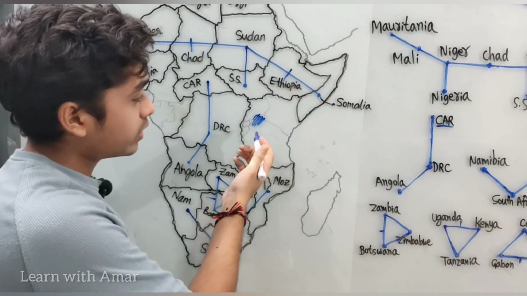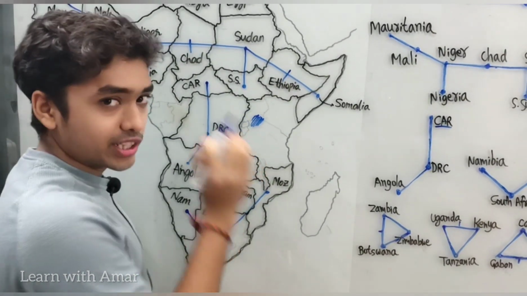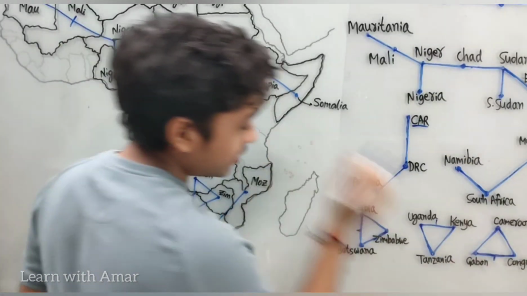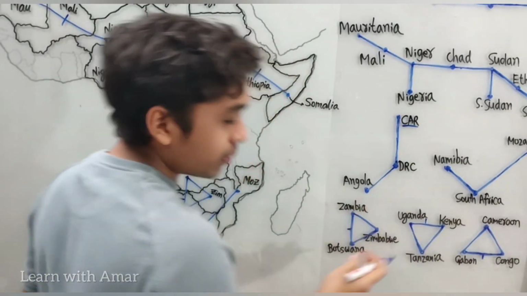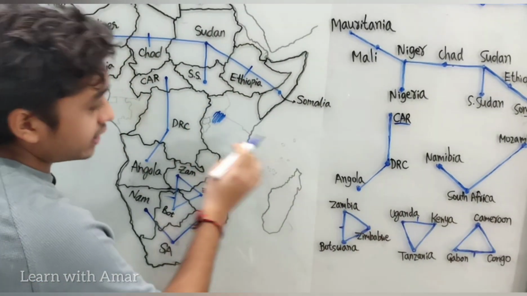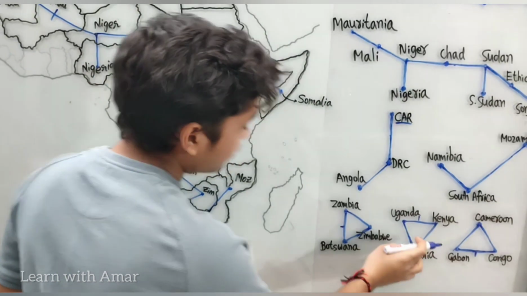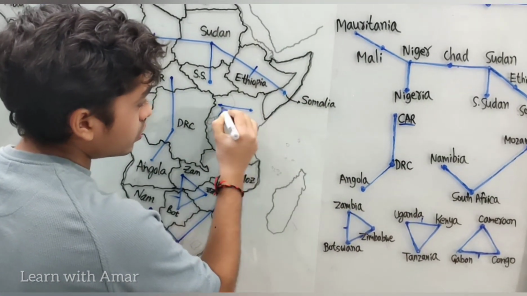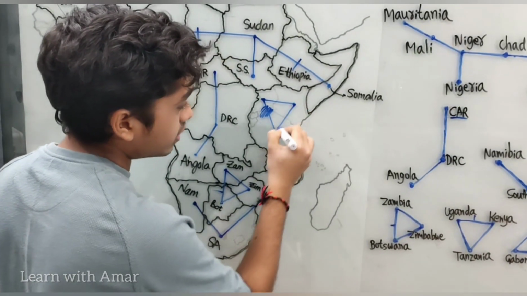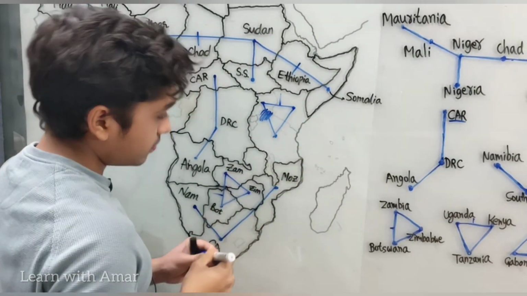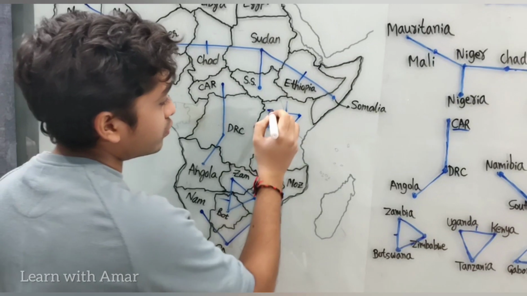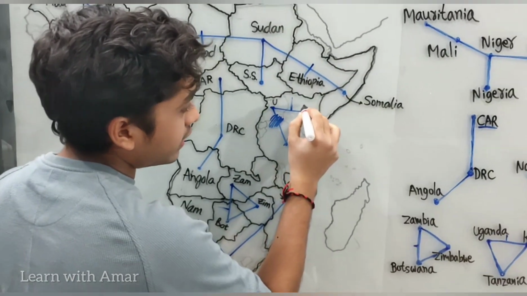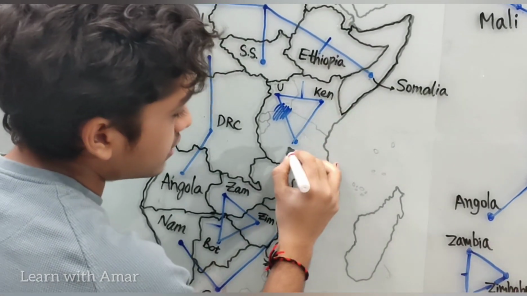Lake Victoria rhymes with the country Tanzania, so you can remember that Tanzania is situated in this region. So this stick figure is present here. We'll just locate this stick figure here and we get the location for Uganda, Kenya and Tanzania.